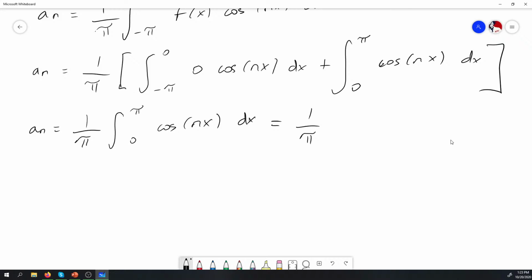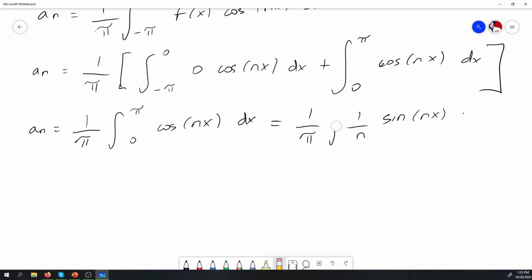The integral of cosine will give us sine, because the differential of sine gives us cosine. Then we have 1 on n because we're differentiating, we have to divide that, sine of nx.